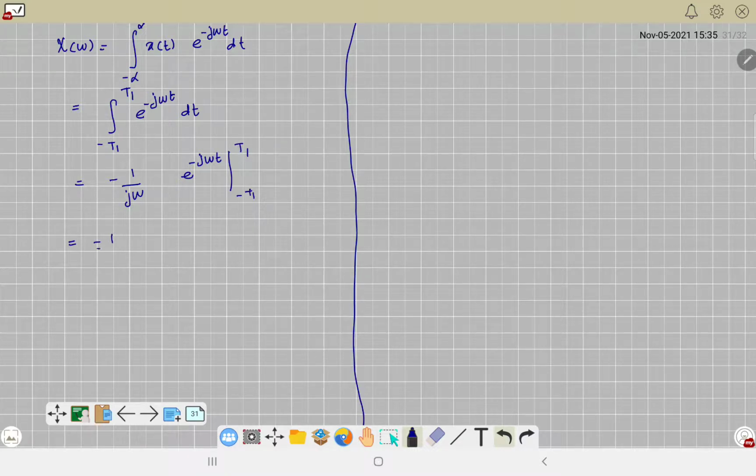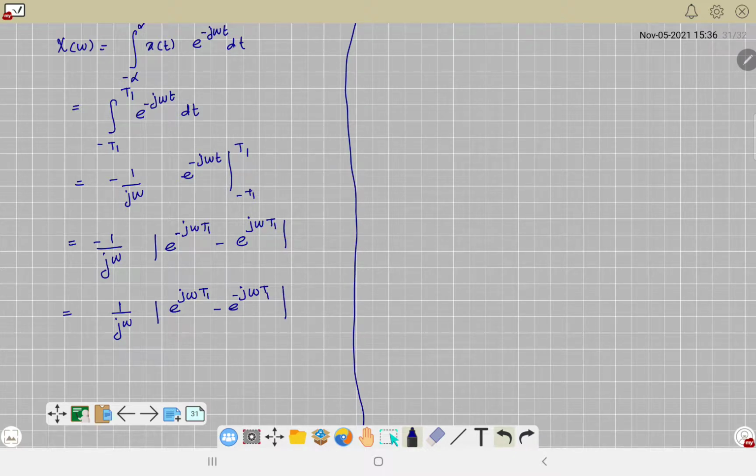Then as you proceed to the limits, it will be 1 by j omega, e raised power minus j omega t1, the upper limit, minus e raised power j omega t1, the lower limit. Then you can change the order so that we are able to express it as a sine or a cosine function. e raised power j omega t1 minus e raised power minus j omega t1, and this is basically Euler's expression.